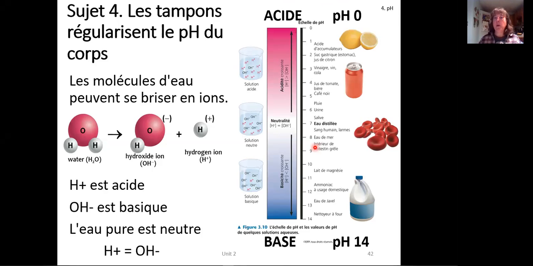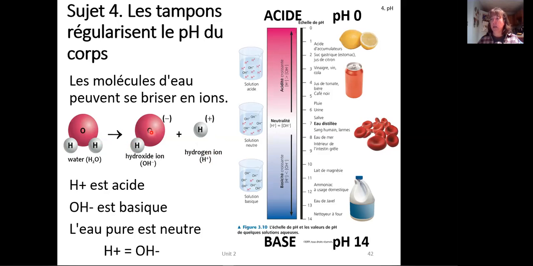So, water molecules can be broken into ions. If we remove a hydrogen from a water molecule, we'll have the positive hydrogen ion. Remember, what is that called? Is it cation or is it anion? It's cation.